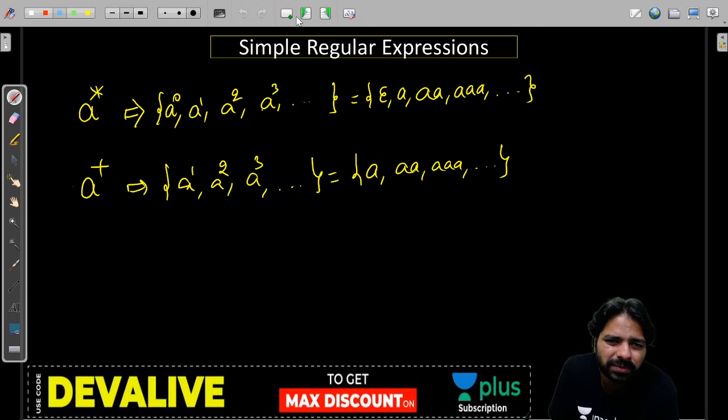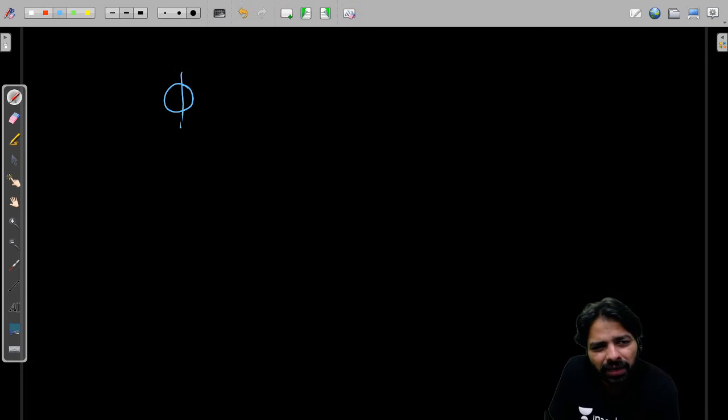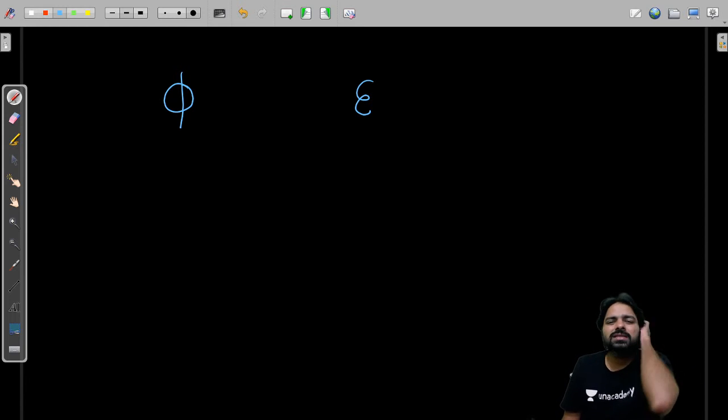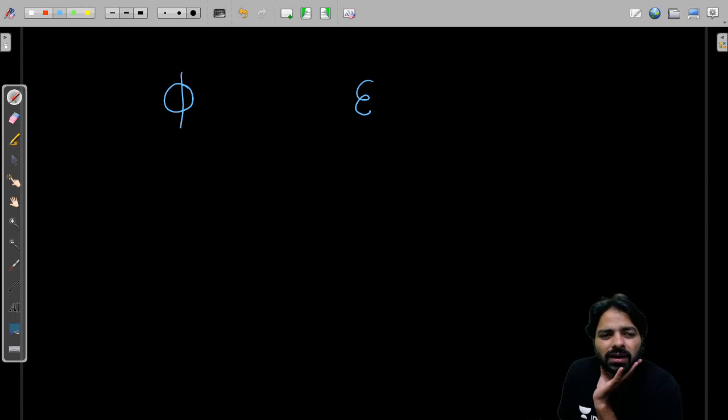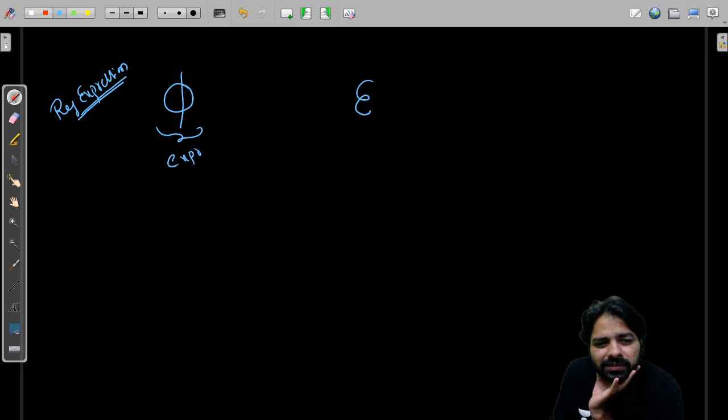What is the difference between pi and epsilon? In regular expression, this is an expression, not a set. This is also an expression.